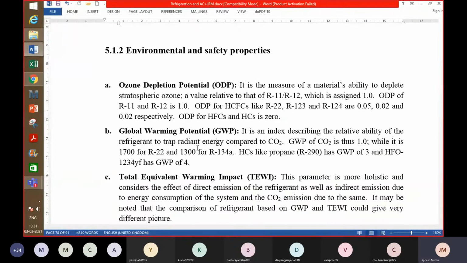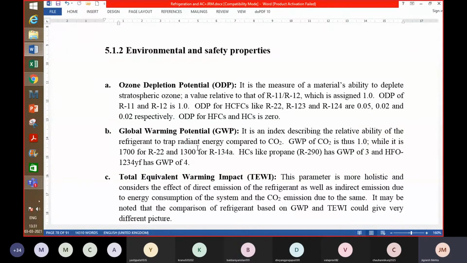But even these closed systems have certain limited life. So after that, if you don't recover it, it will go to the atmosphere, which is not desirable, and you cannot recover all of it.